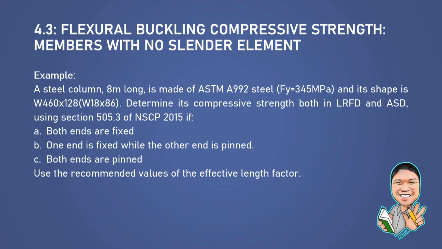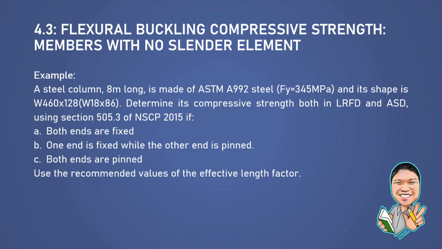So, according dito, a steel column 8 meters long is made of ASTM A992 steel. Yung Fy niya is 345 megapascal. And its shape is W460 by 128 or W18 by 86.